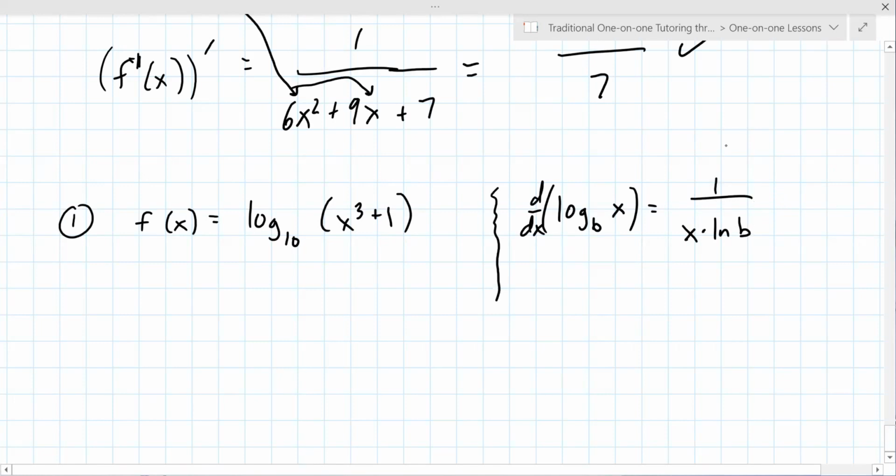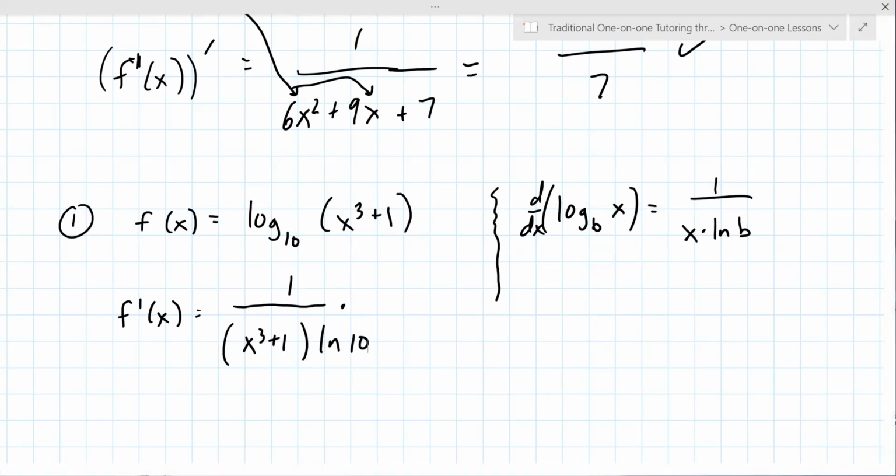This one does have a chain rule, but in short, it's 1 over whatever's inside here times the natural log of the base. What is the base? 10. And then times the chain rule of this. What's the derivative of this? 3x squared.